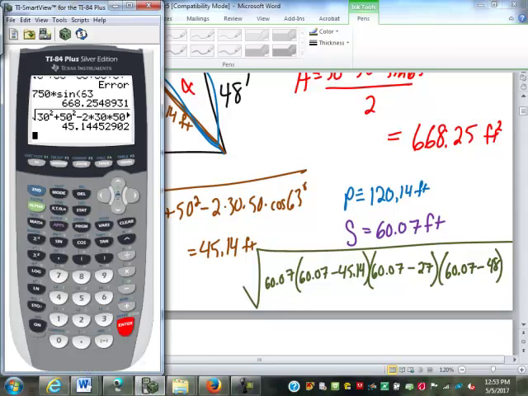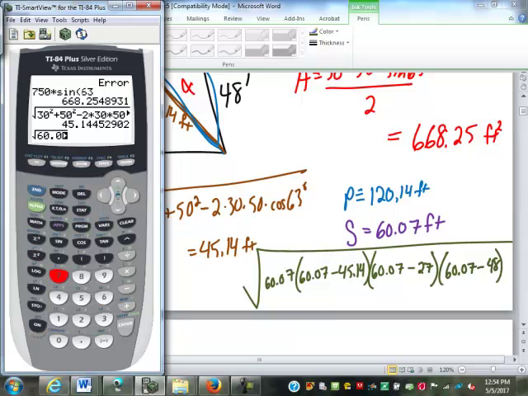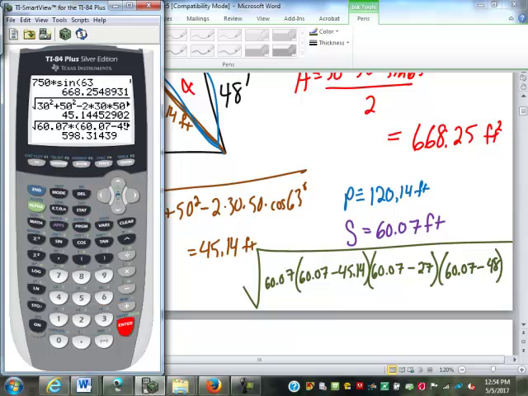Does that formula look familiar? Good old Mr. Heron. That's 598.31.